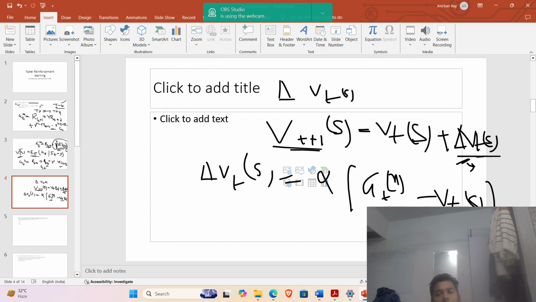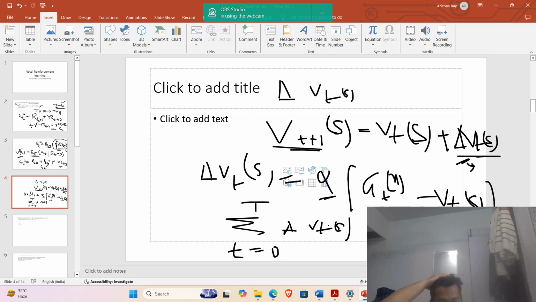The value function is the approximation till time capital T. So alpha times, you can say this is a parameter regularizer or something, and then we are calculating the vt plus 1. In case of offline method, you will keep adding this delta vt for t steps, for the whole process that you have, then you will update the vts. So this is our theory here.